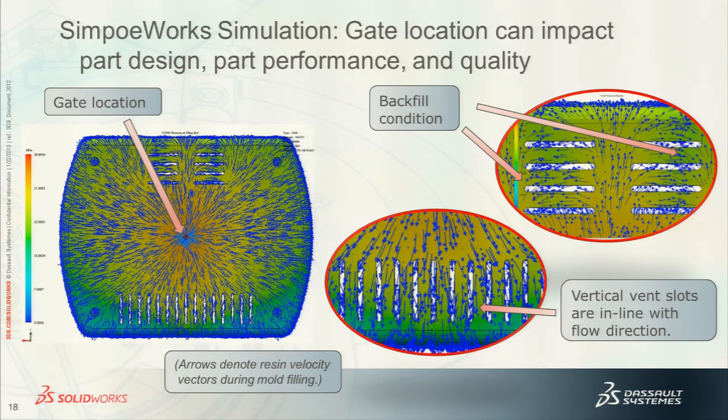Now, your part design here with the vents being in the horizontal, what can happen is in this enlarged view over here, you can see some of the flow vector arrows actually doubling back. It's coming out and then back towards the center of the part. This is called a backfill condition, and it's something that you would want to try to avoid.